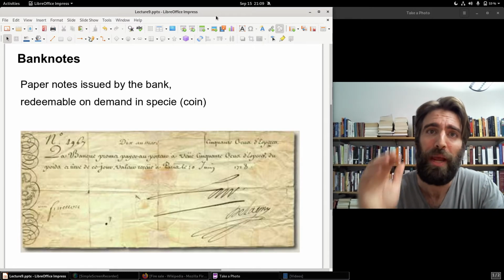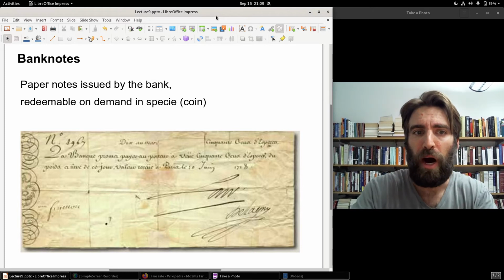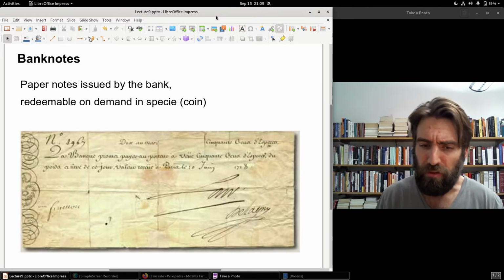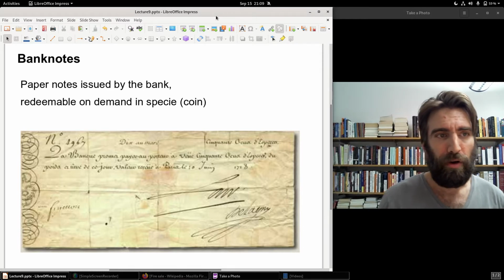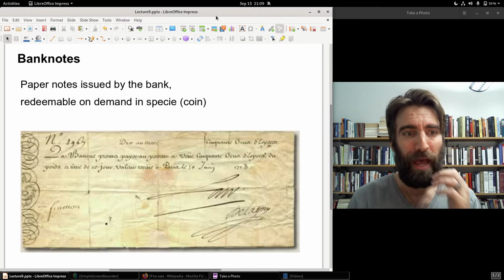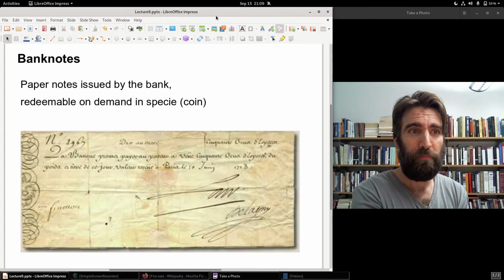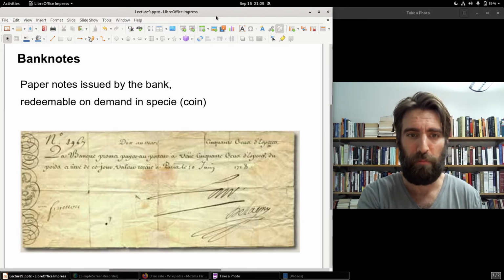A banknote was a paper note issued by the bank that was redeemable on demand in specie, or coin. Specie just means gold or silver. So the bearer of this note at any time could take this note to the bank that issued it and redeem it for that sum of coin.